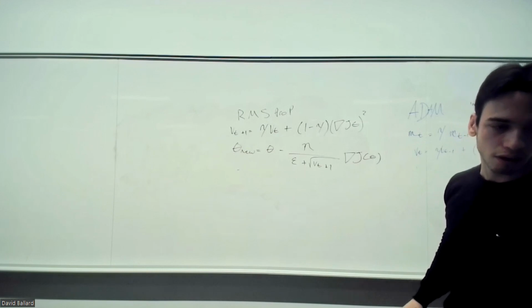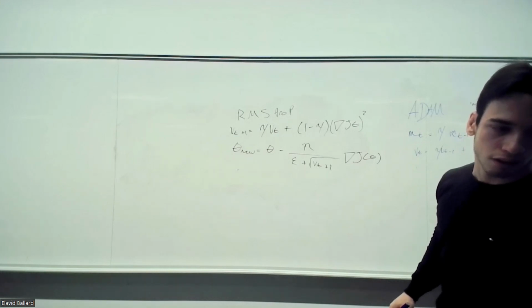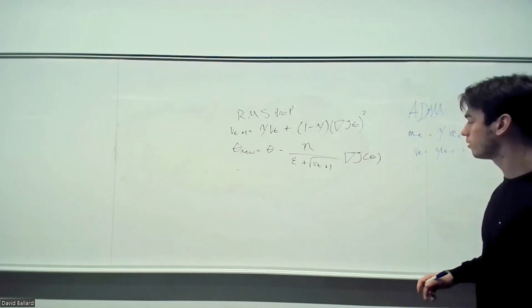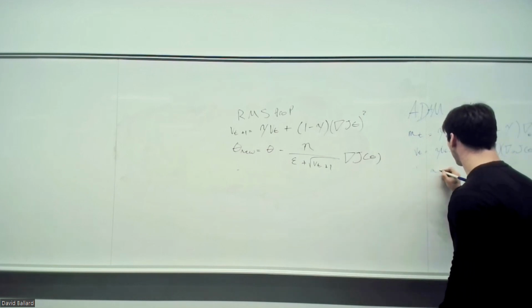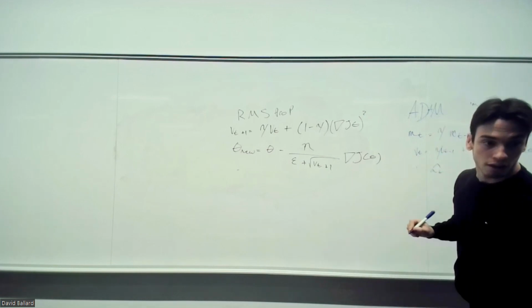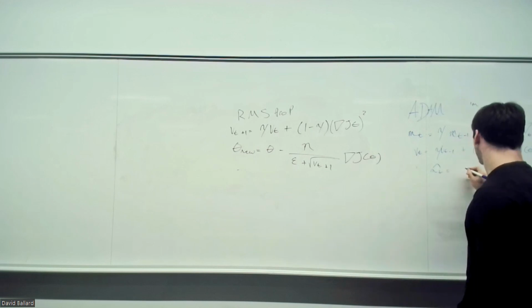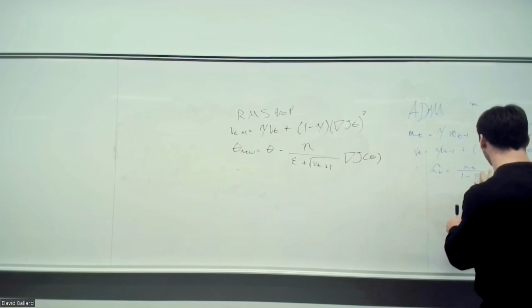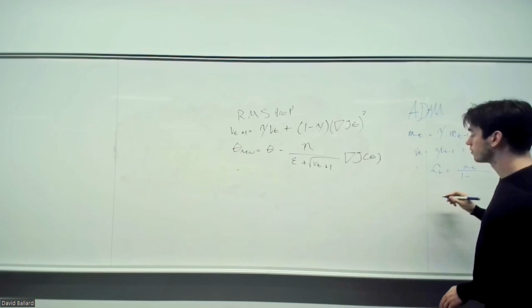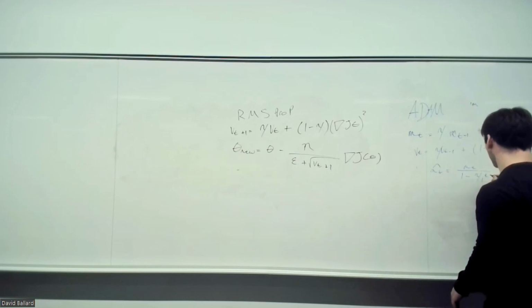Okay, now we have these bias correctors. We're going to say m hat of t is equal to m of t over 1 minus gamma to the t.